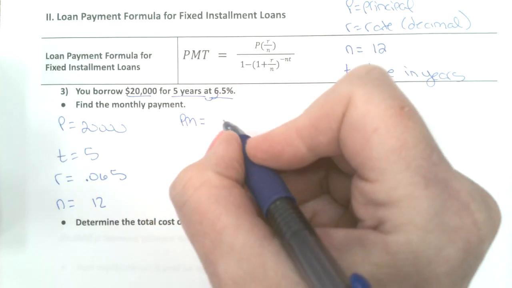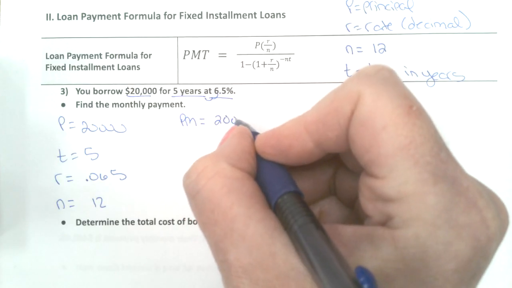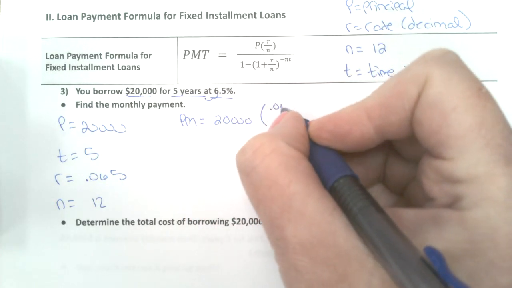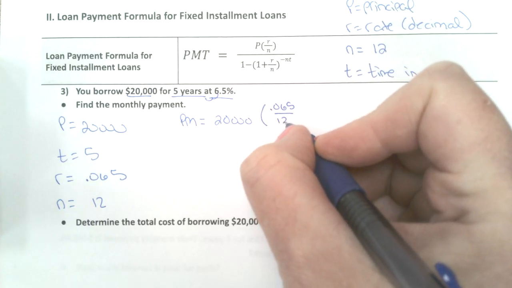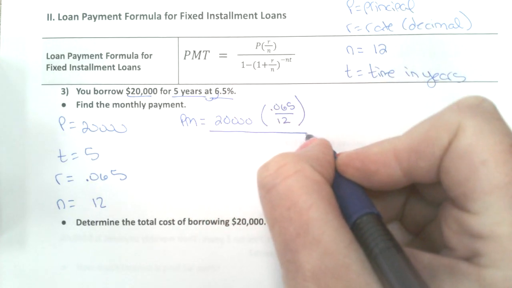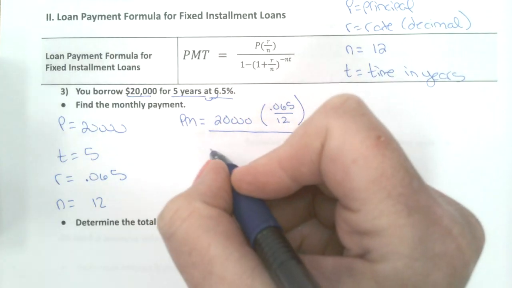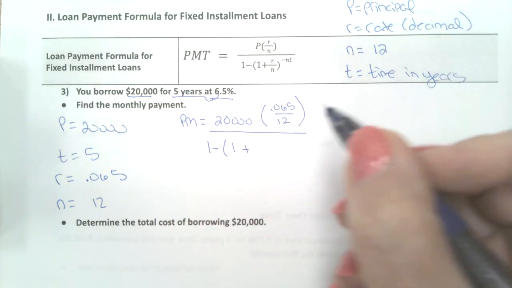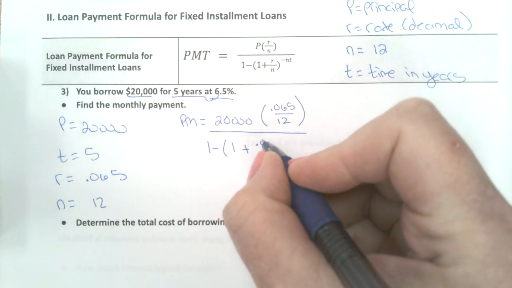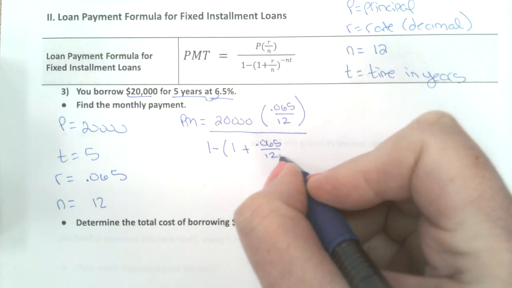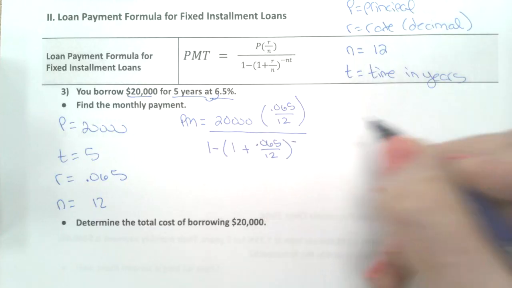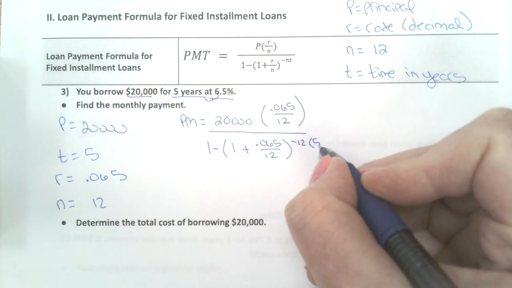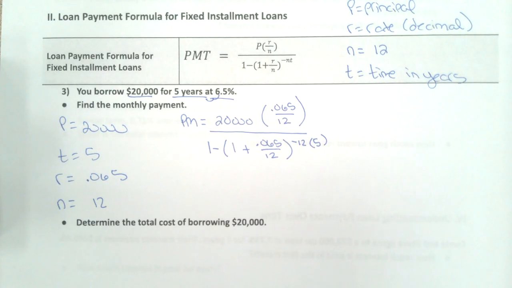In place of P, you're going to substitute in $20,000. R is 0.065 divided by 12. In the denominator, you go 1 minus, parenthesis, 1 plus R over N again, 0.065 divided by 12, to the negative N, which is 12, times T, which is 5.